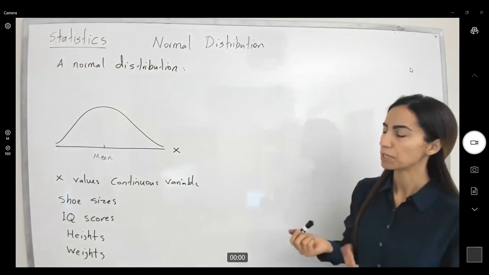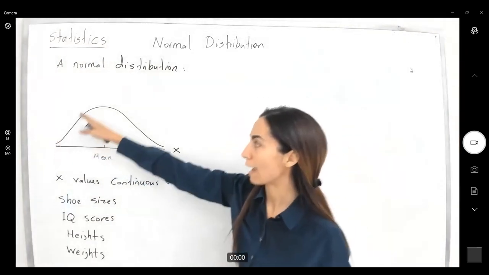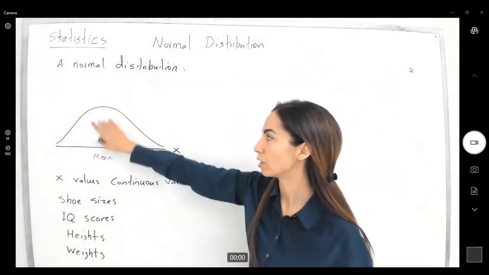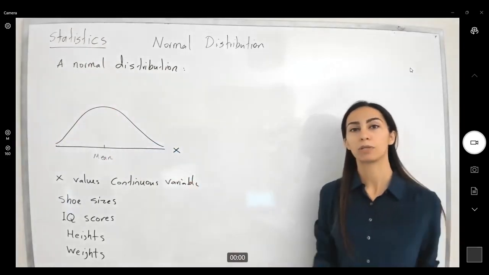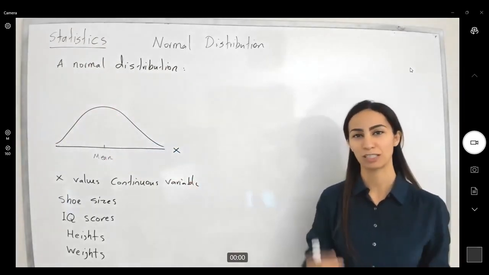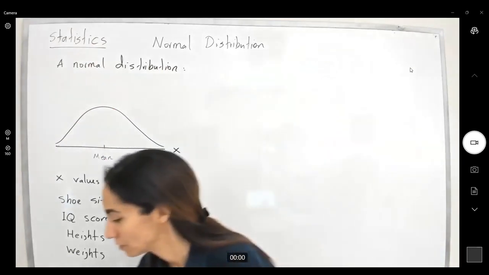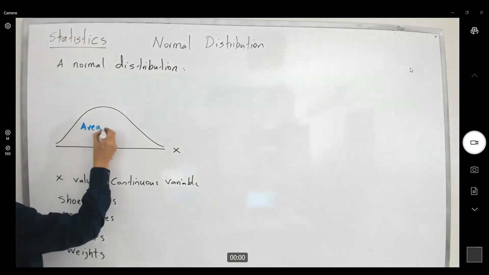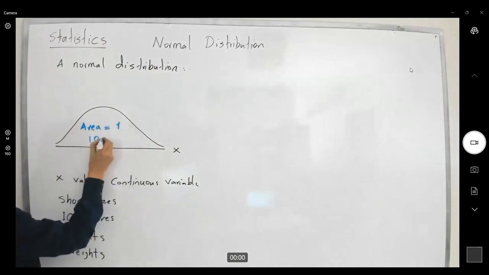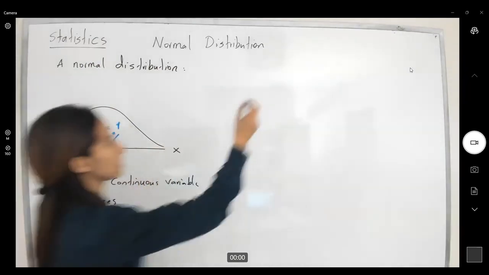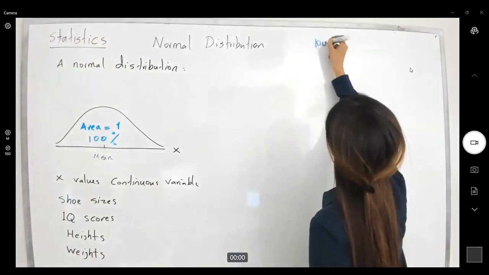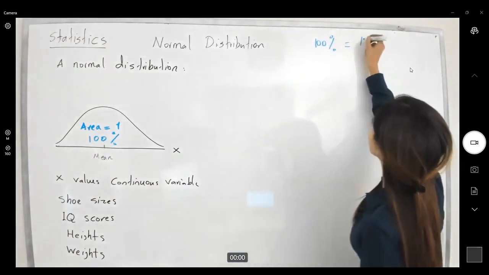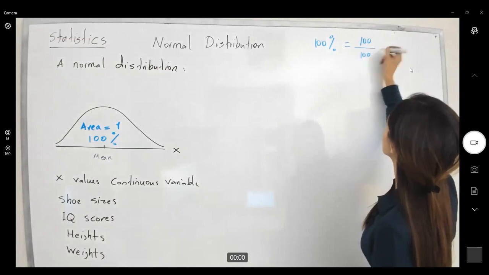So you remember that we said that the graph has area below it. The area below the graph is 100% or 1. Remember that 100% is 100 divided by 100, which is 1.